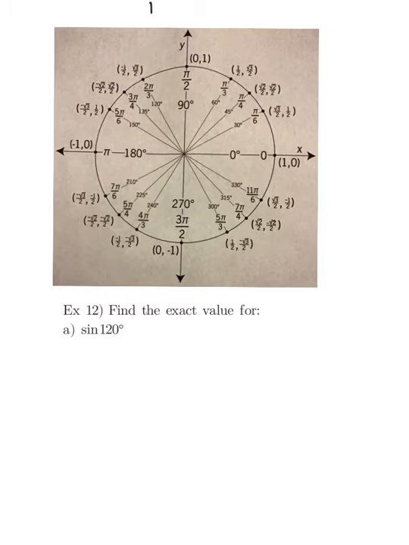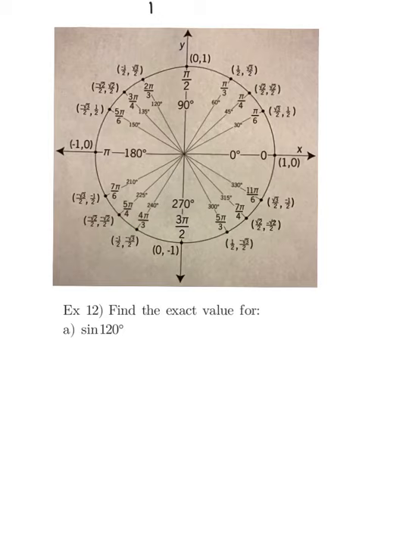Now that we know how the unit circle looks and how all the points need to be labeled, we're going to use that to help us answer some questions. Our first example is that we want to find the sine of 120 degrees. Find 120 degrees on your unit circle. The sine is the y coordinate.